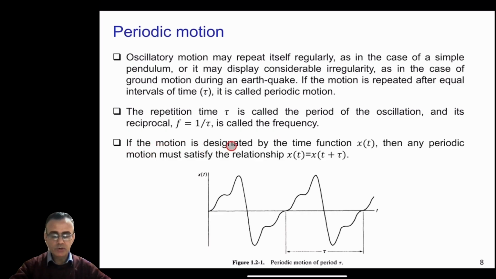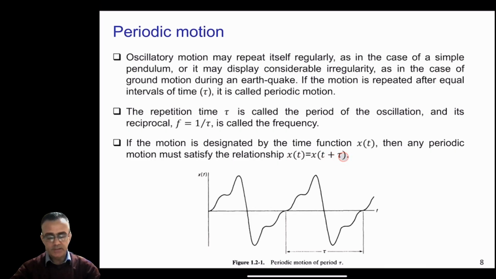So if the motion is designated by the time function x(t), the function that you use for describing this motion, then any periodic motion must satisfy the relationship x(t) equals x(t plus tau). This means that this motion repeats itself after a time period tau.